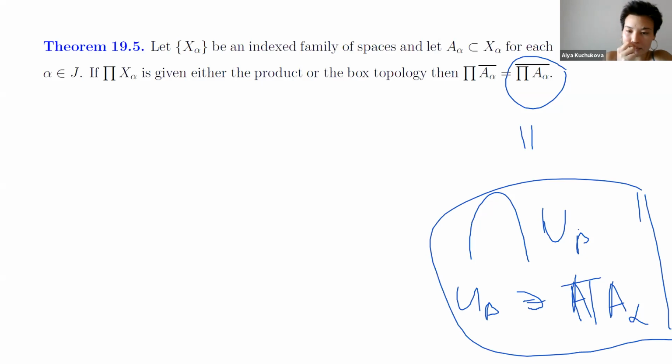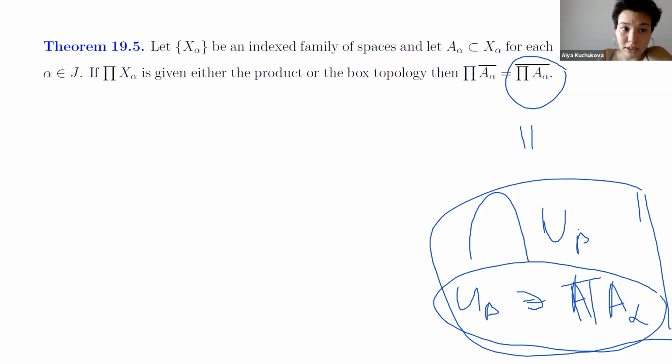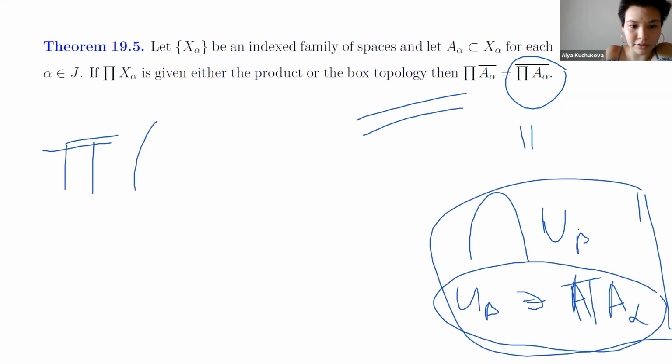And so what we can show is that if they contain that cross product, then, wait, from this side we have this just equal to a cross product, and here you have the intersection of all sets which contain, for example, A alpha, right?